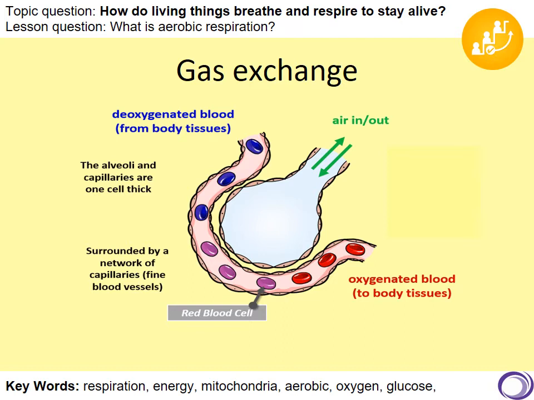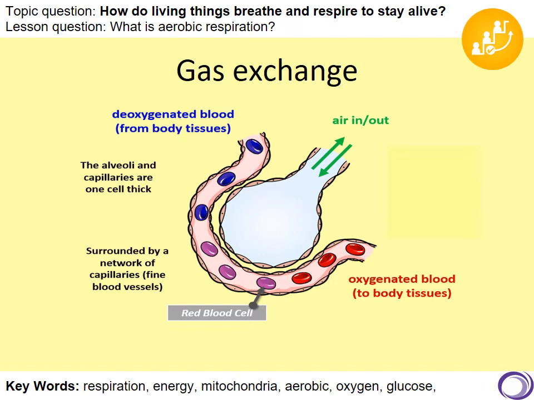Okay then, so just picking up on a few things from the video then. So the air will go in and out via the alveoli. When the air gets into the alveoli, they are 1 cell thick, and they are next to capillaries which are also 1 cell thick.